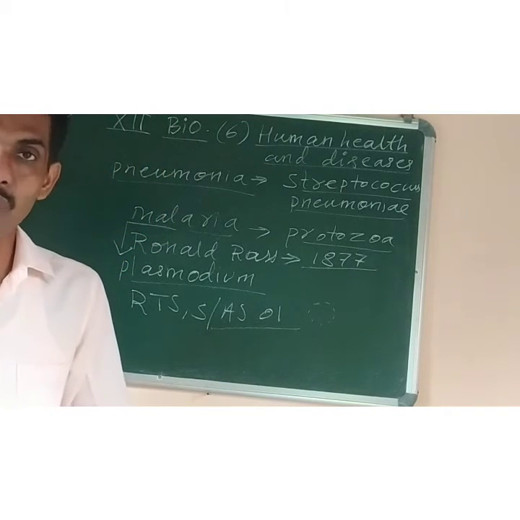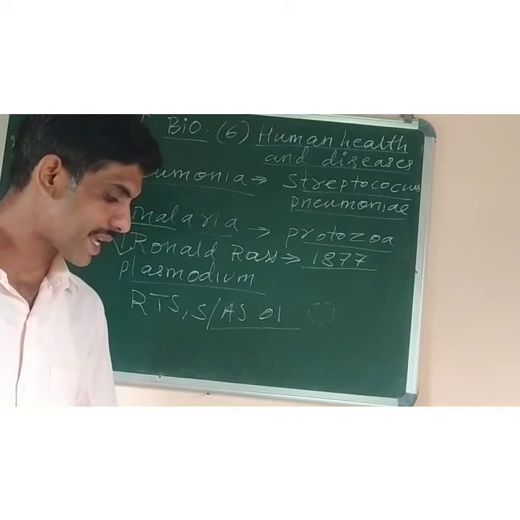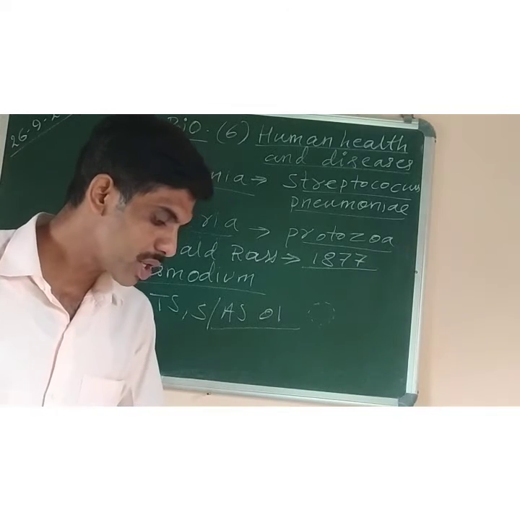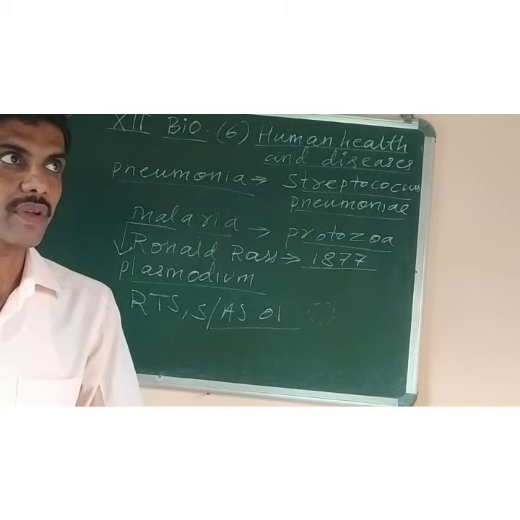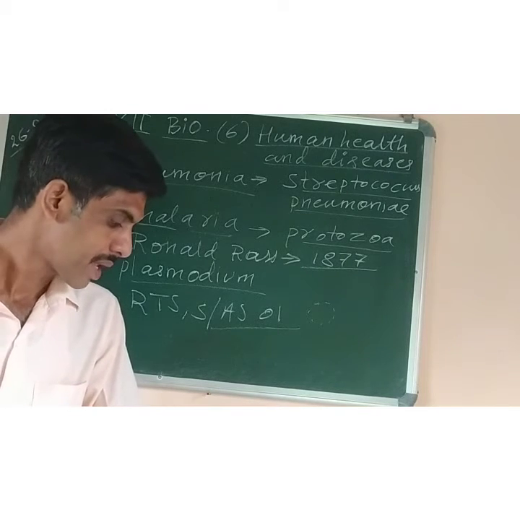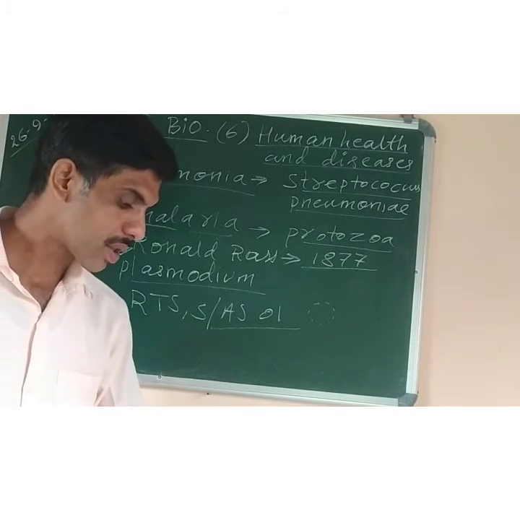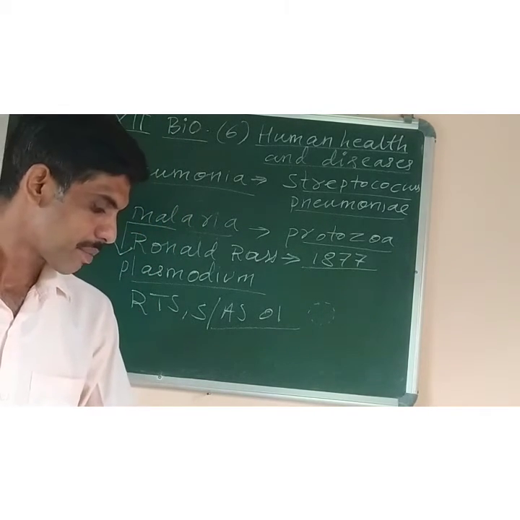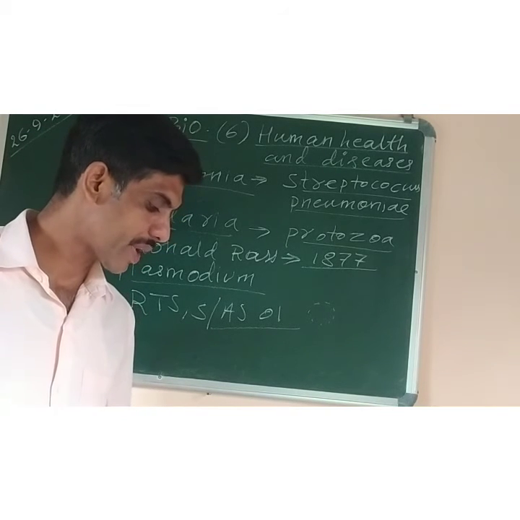Then comes sarcomas. Sarcomas are tumors made of connective tissue cells which are of mesodermal origin, and they make only 2% of the human cancers. So a very small amount of cancers are sarcomas. Then the lymphomas. Lymphomas are cancers in which there is excessive production of lymphocytes by the lymph nodes and spleen, and they make 5% of human cancers.